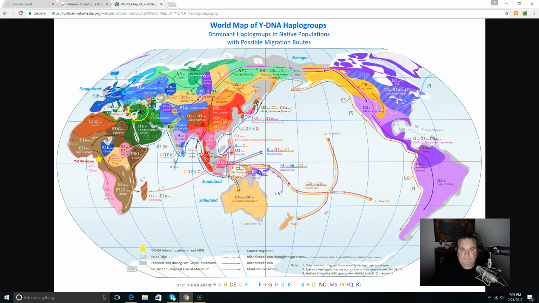You can see all the several different haplogroups here and where they've gone all over the world, over islands, from Russia across into North America and all the way down into South America down here.